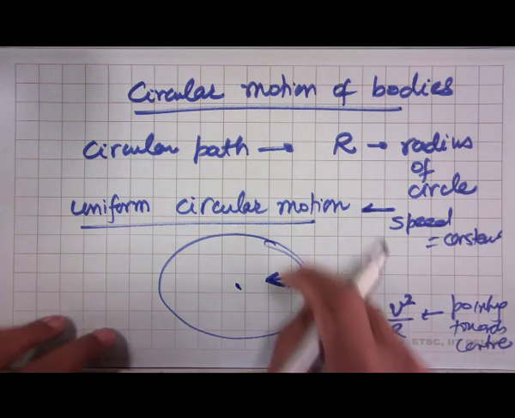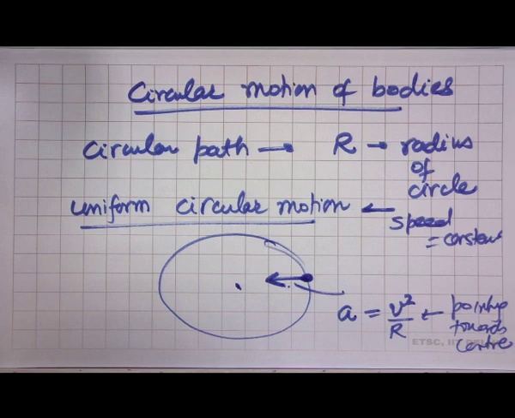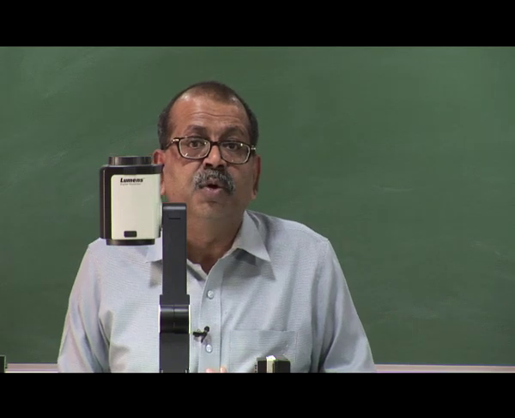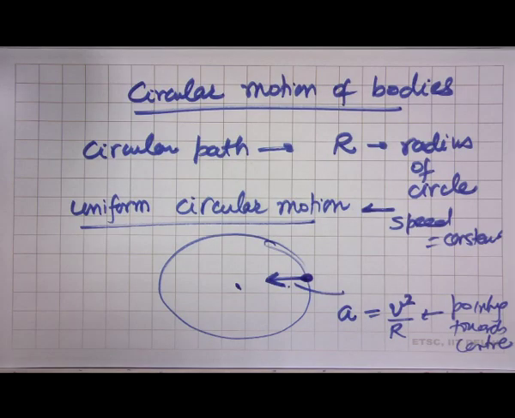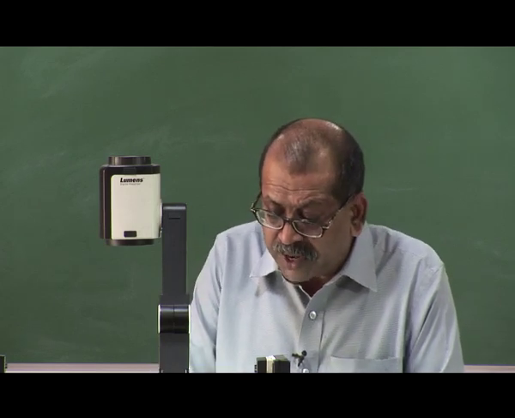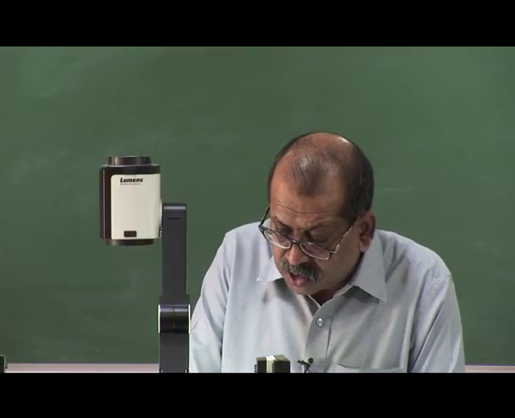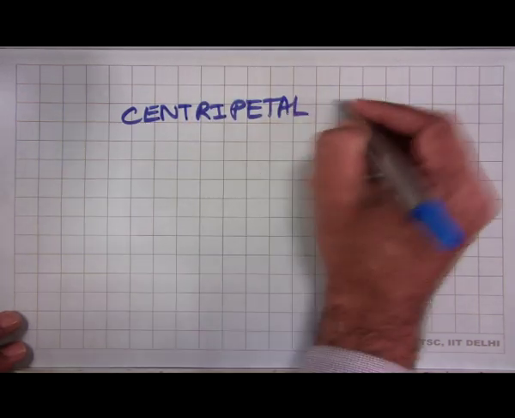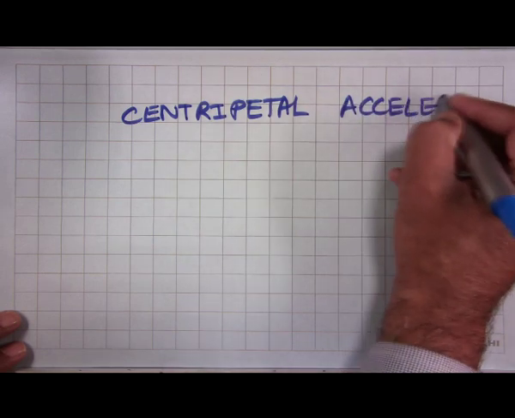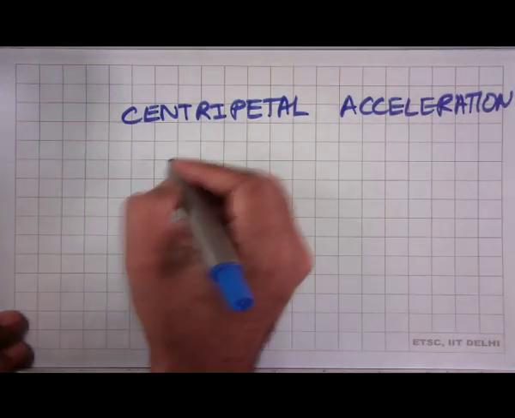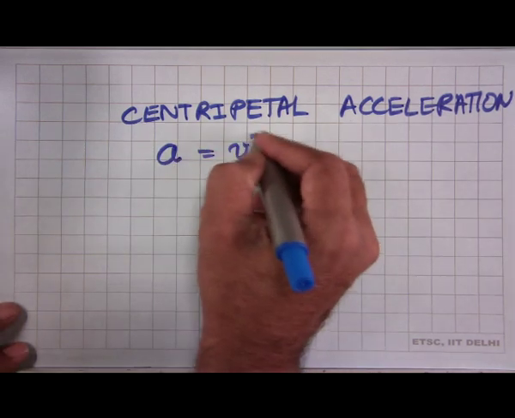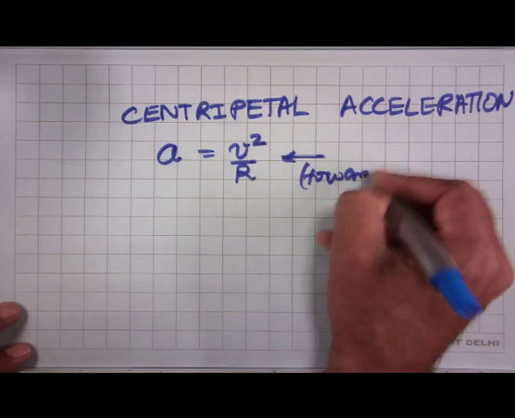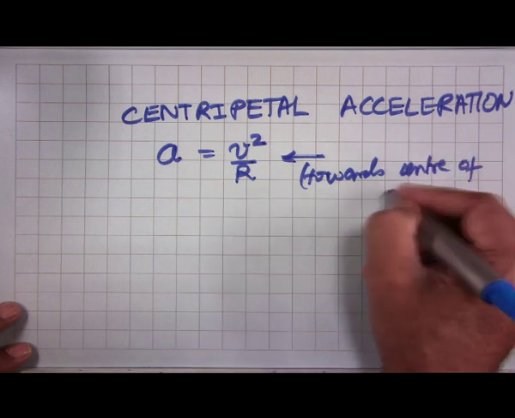And we realize as the particle moves in the circle, the direction of acceleration keeps on changing. And because the speed is constant, we don't have the tangential component. So, we have an acceleration, and the component of the acceleration towards the center of the circle is called centripetal acceleration, and this is equal to v square upon r towards the center of the circle.